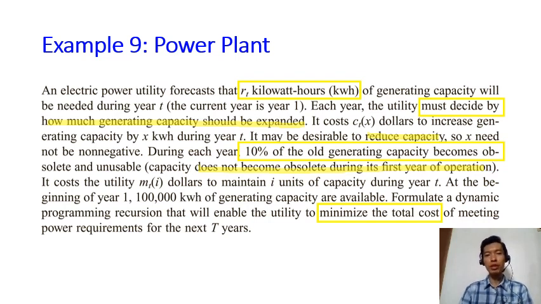You can use it until the next year with the same amount, but whatever you have at the beginning of this year, 10% of it becomes obsolete and unusable. And the objective here is to minimize the total cost of meeting the power requirements for the next T years. As usual, you may want to pause the video to read this problem really carefully before you continue, okay?